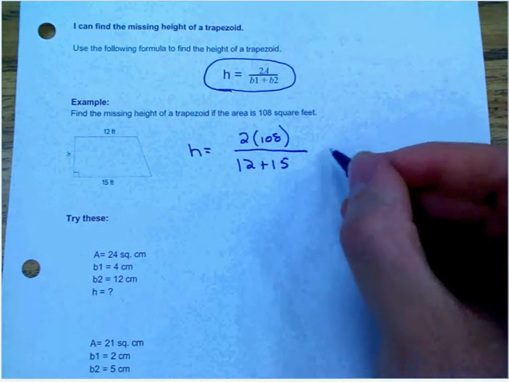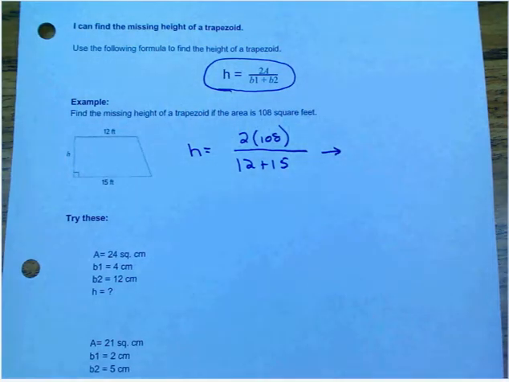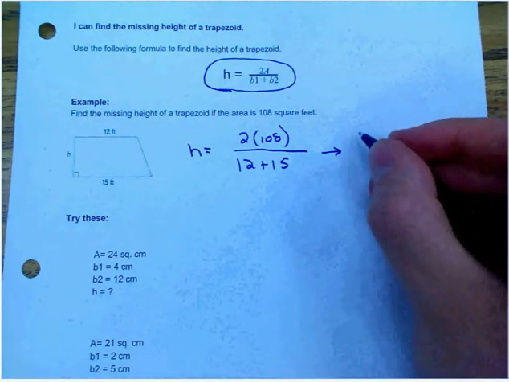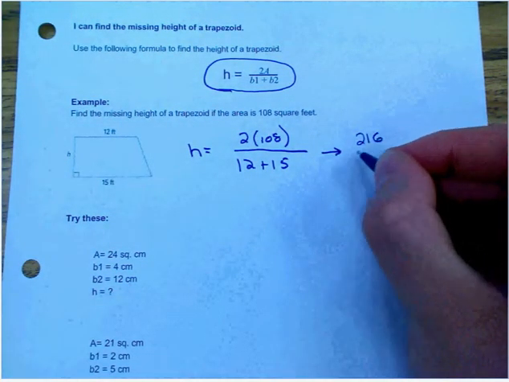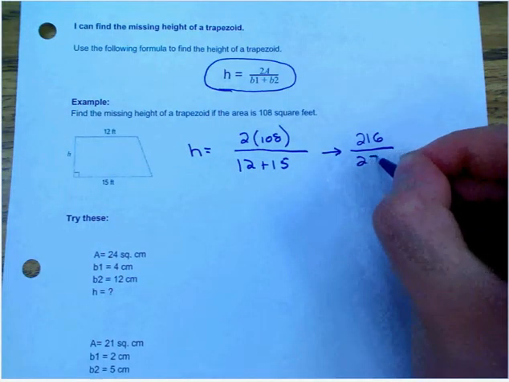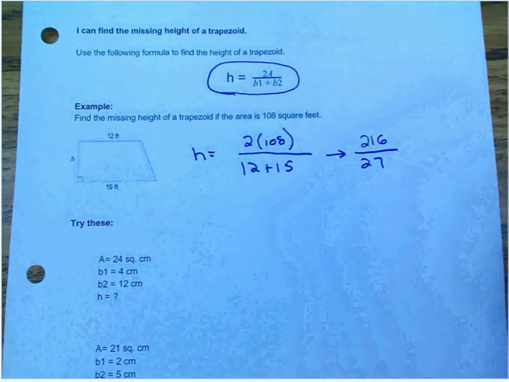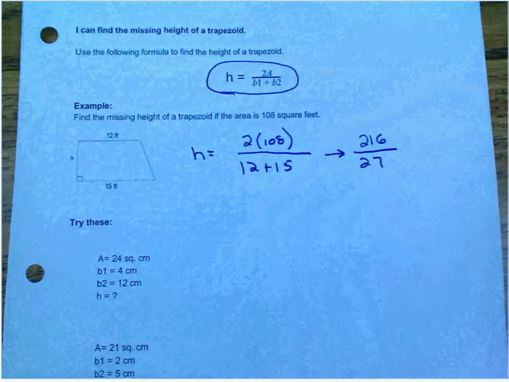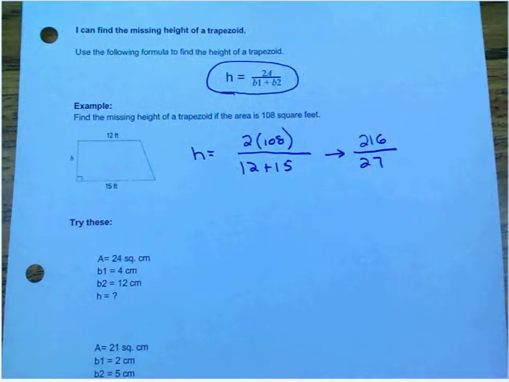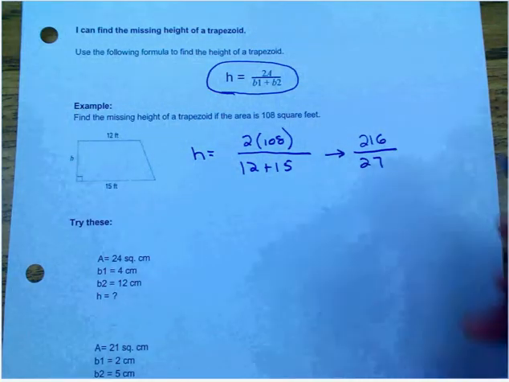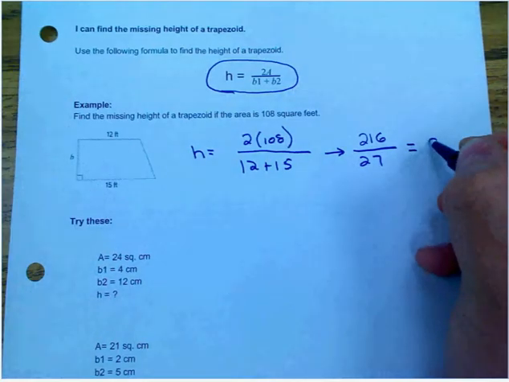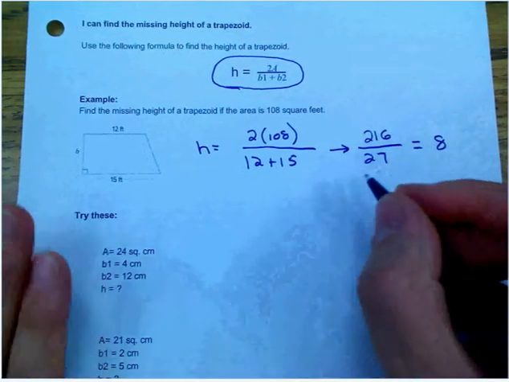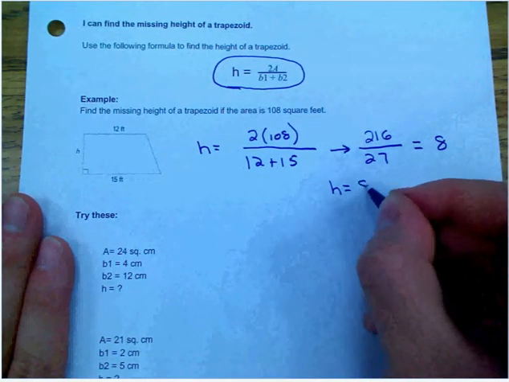So 2 times 108, which is 216, divided by 27. 216 divided by 27 equals 8. So our height is 8 feet.